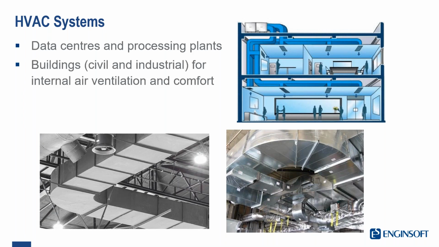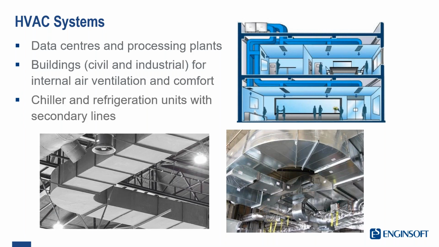Then usually you have to design it for civil and industrial buildings, and these systems are designed for internal air ventilation and to guarantee the comfort of the people inside these buildings.